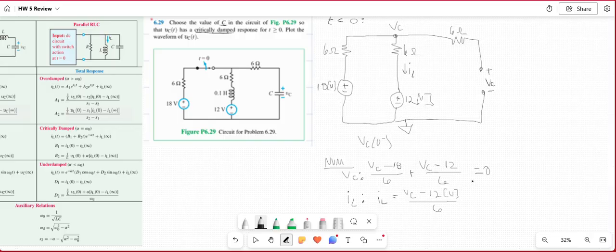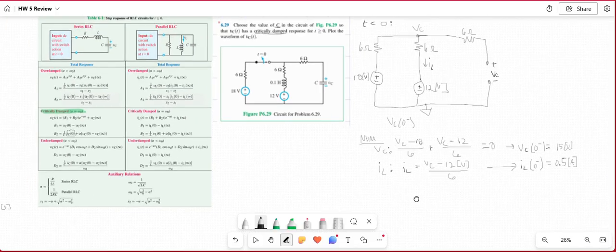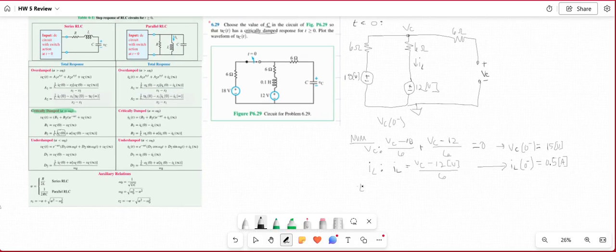And from that, we get VC of 0 minus equals 15, and IL of 0 minus is 0.5 amps. Okay, cool. Those are our initial conditions. Now T is greater than or equal to 0.